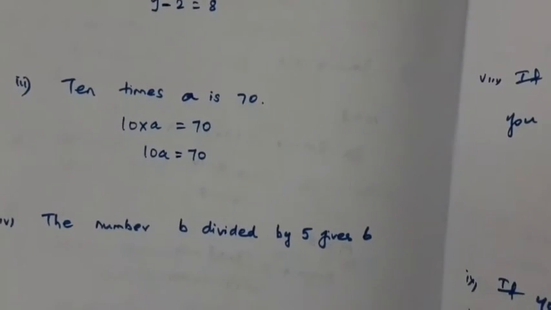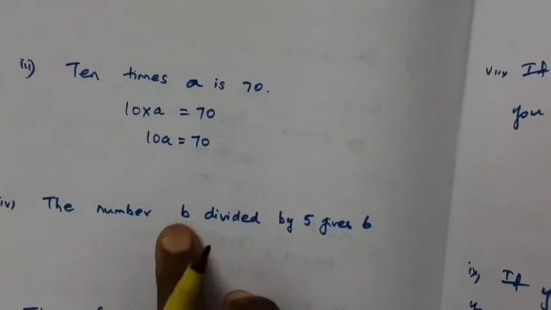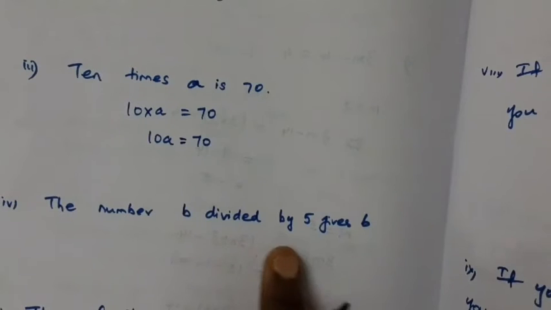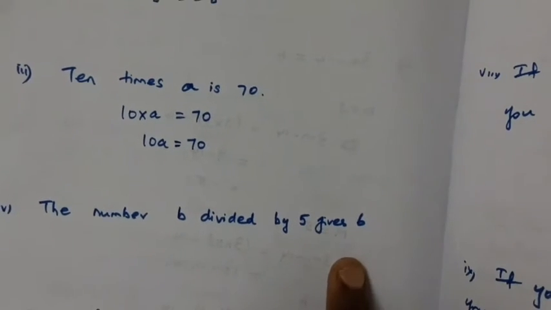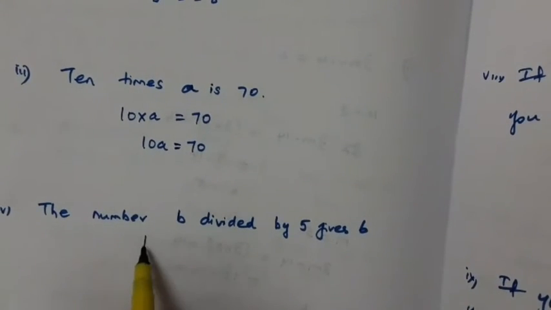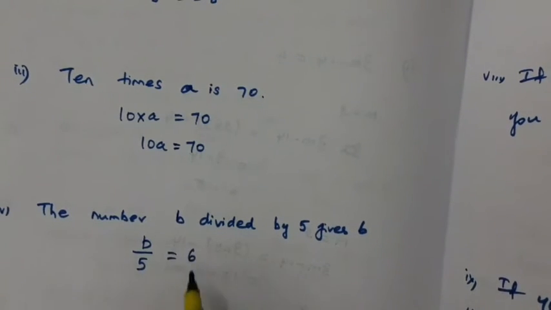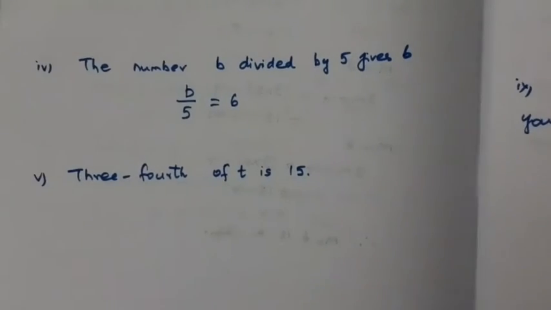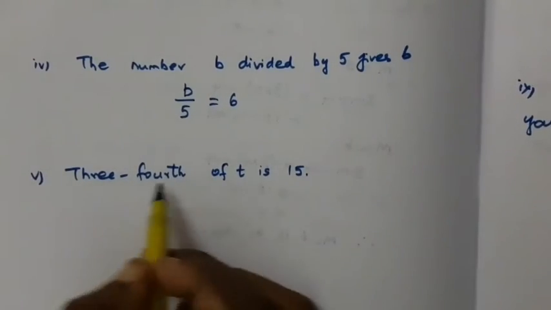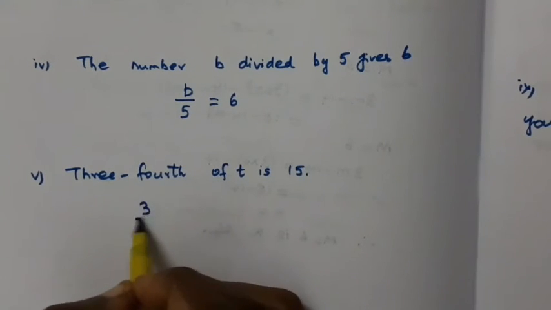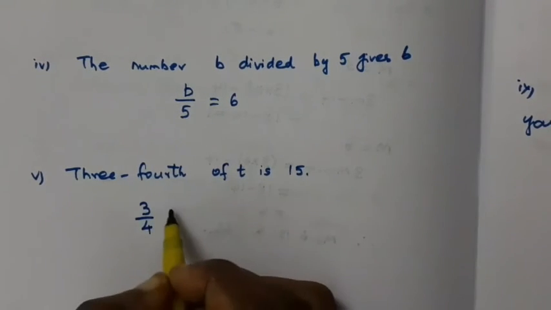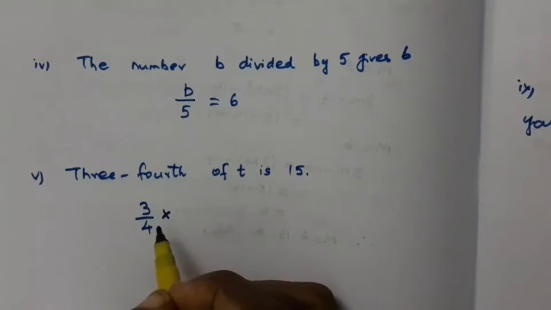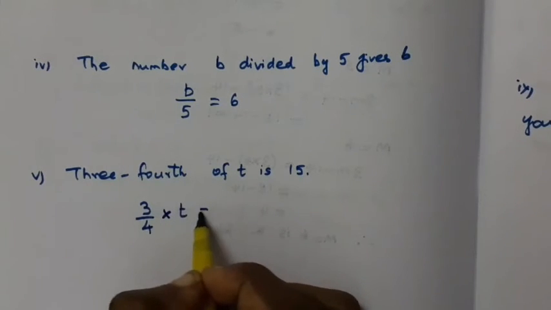The number b divided by 5 gives 6. So there is a number b. When you divide it by 5, that will give 6. Next is 3/4 of t is 15. 3/4 of t means 3 by 4 of t, we can multiply 3 by 4 of t, is 15.